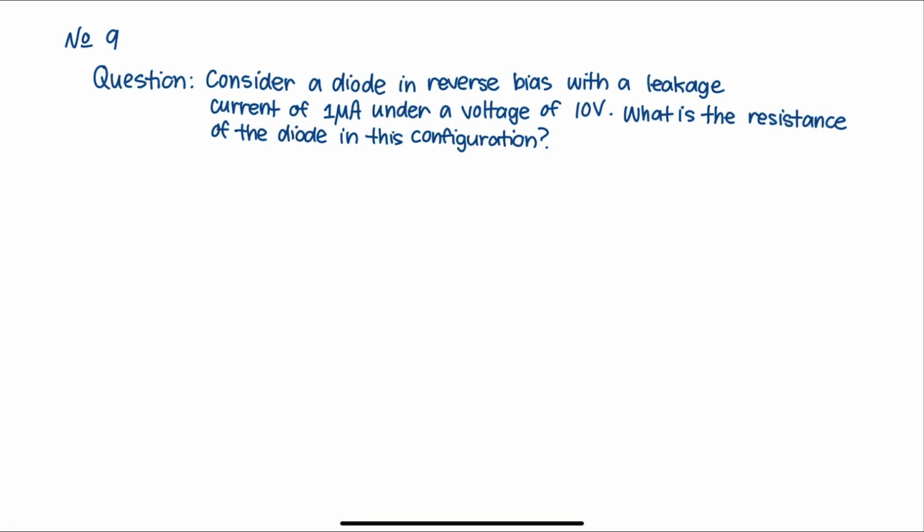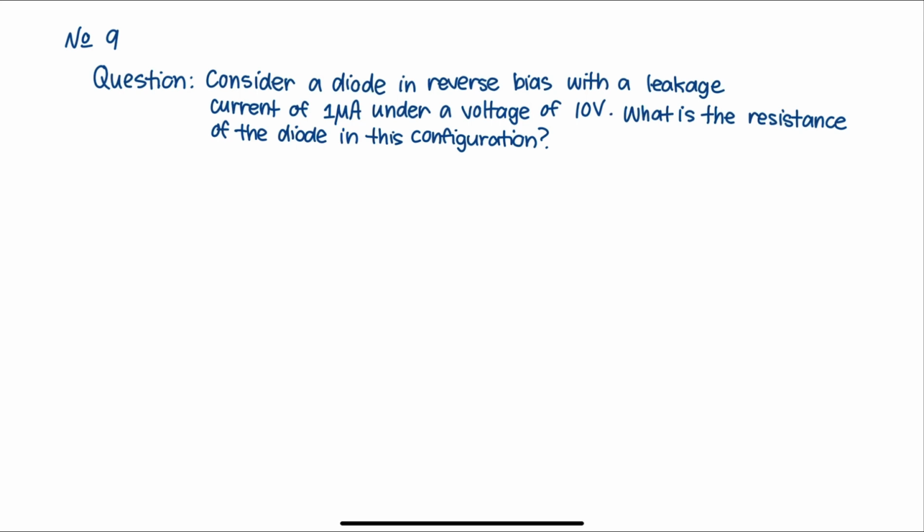The formula we're going to use is R equals V over I, where V is voltage, of course, and I is current. R stands for resistance, and it is measured in ohms.